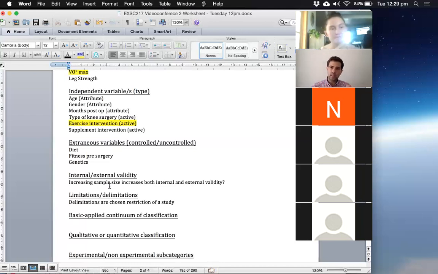Would that be more basic or more applied research, you think? What do you think if it can be used directly straight away by practitioners?